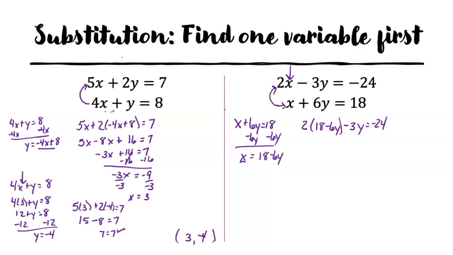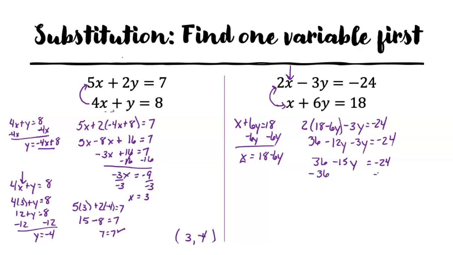Okay, so distribute, right? 2 times 18 is 36, minus 2 times negative 6y, so negative 12y, minus 3y equals negative 24. We're going to combine those like terms. So 36 minus 15y equals negative 24, because 12 and 3 will make that negative 15.